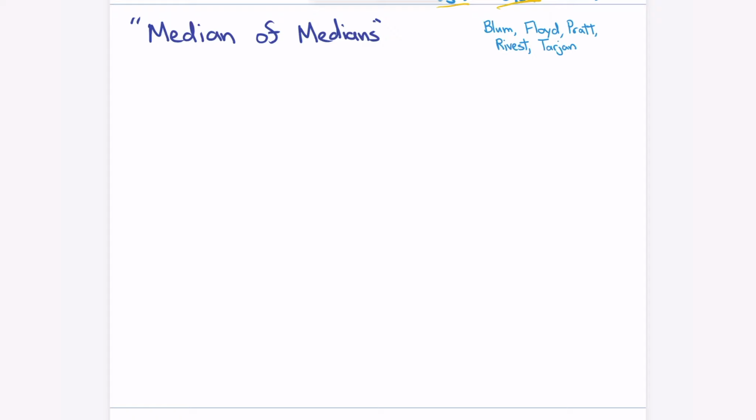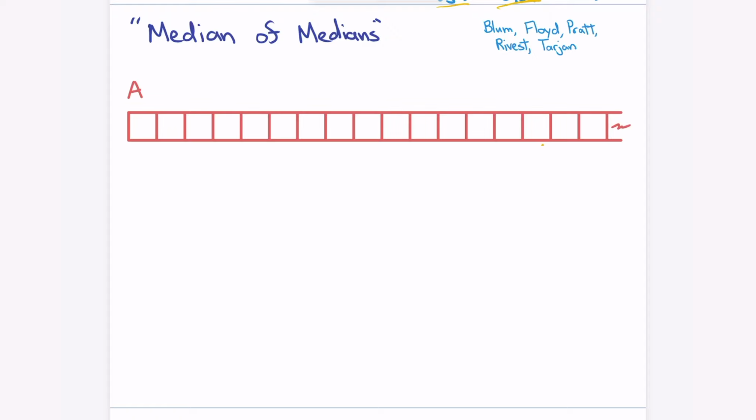And okay, so here's the idea. It's not so different than trying to get the median of 20% of the input. We're going to be just a little bit more clever. I'm going to take my input A, and I'm going to divide it into groups of 5, contiguous groups of 5.